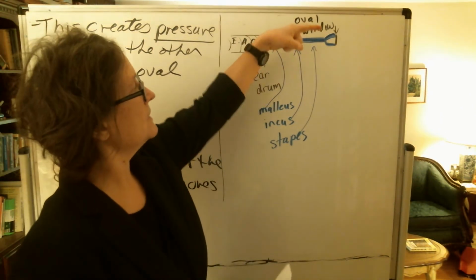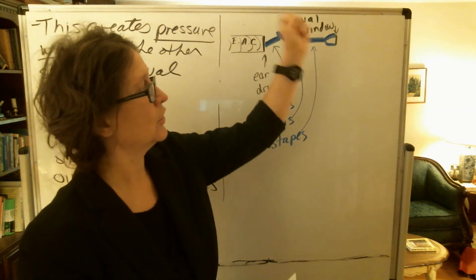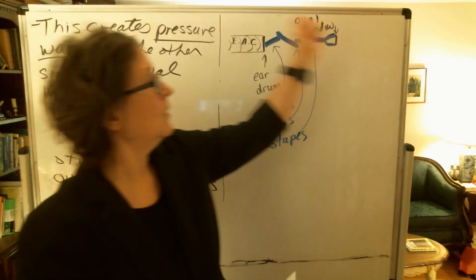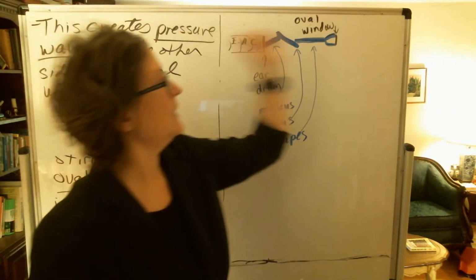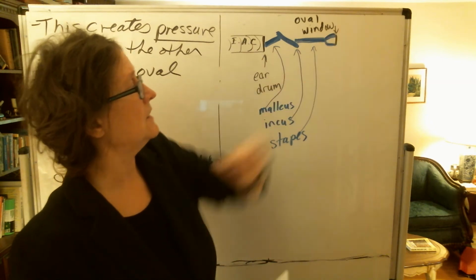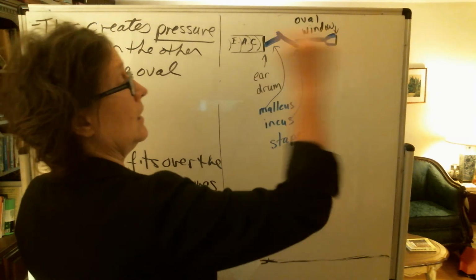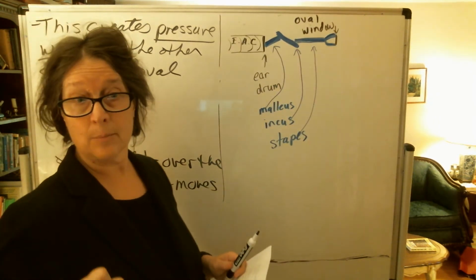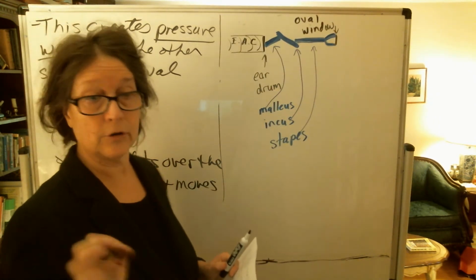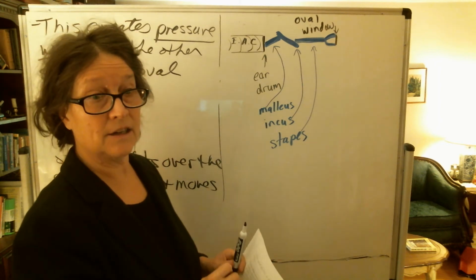You can think of this here like a toilet plunger. You have these vibrations then going against this little window here, and that is creating pressure waves on the other side, just like a toilet plunger creates pressure waves inside the toilet.